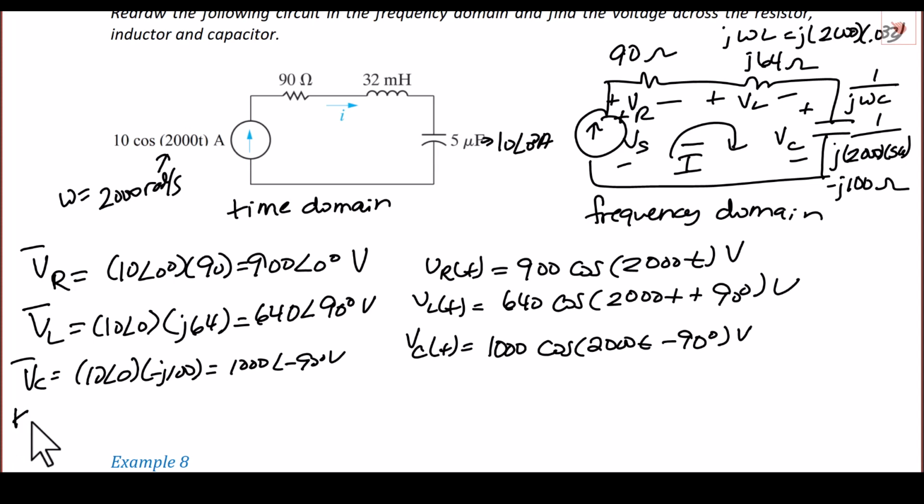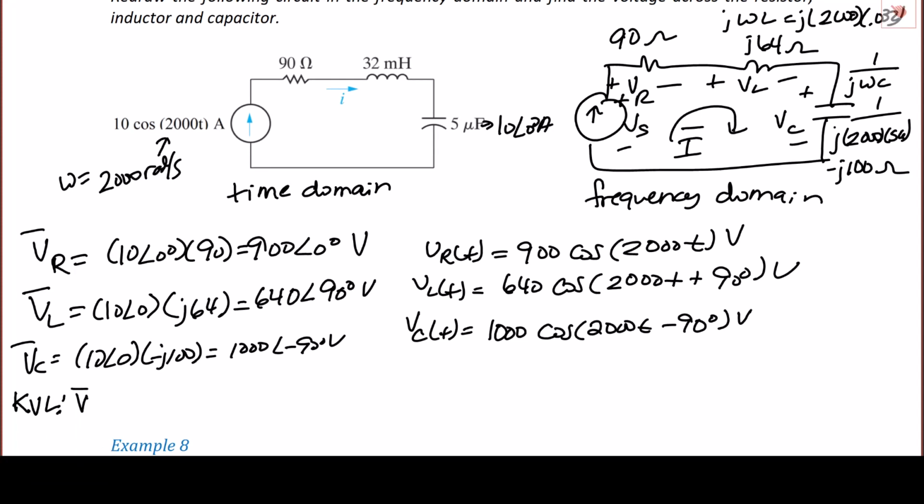So using Kirchhoff's voltage law, VS is equal to VR plus VL plus VC. So in rectangular form, that would be 969 minus j360 volts.